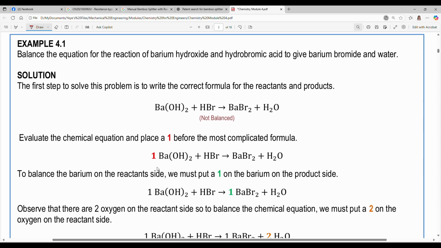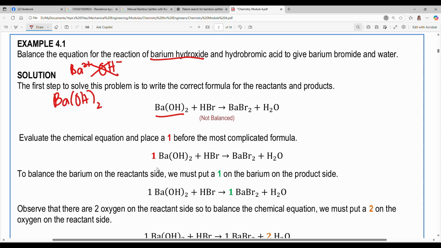To illustrate, let's have example 4.1. Balance the equation for the reaction of barium hydroxide and hydrobromic acid to give barium bromide and water. First, we will write the chemical formulas. For barium hydroxide, you have barium positive 2 and hydroxide negative 1, so by crisscrossing you have Ba(OH)2.